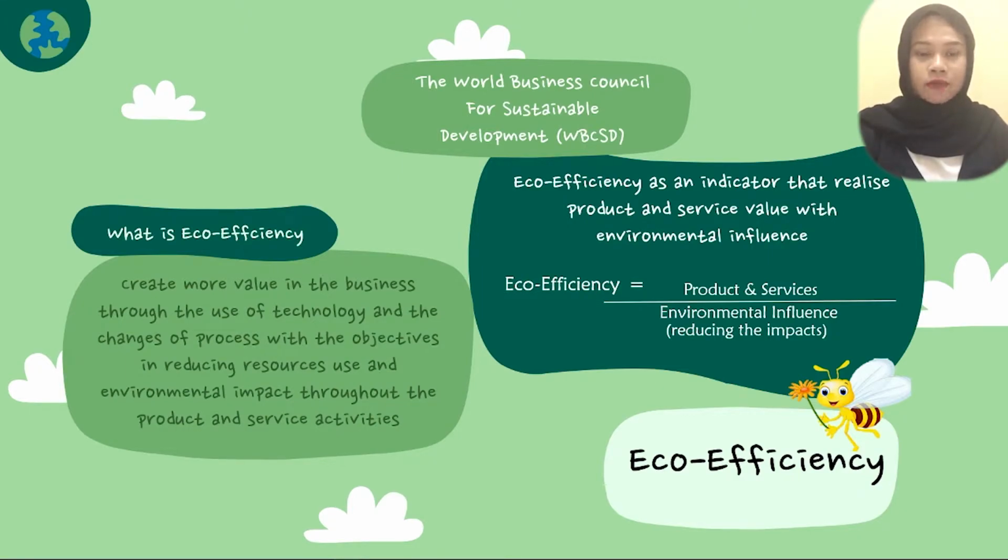Product and service value here refers to the turnover or profit that enhances the quality of products and services. Meanwhile, the environmental influence refers to the energy, material, and water consumption, as well as the waste and emissions in terms of volume.